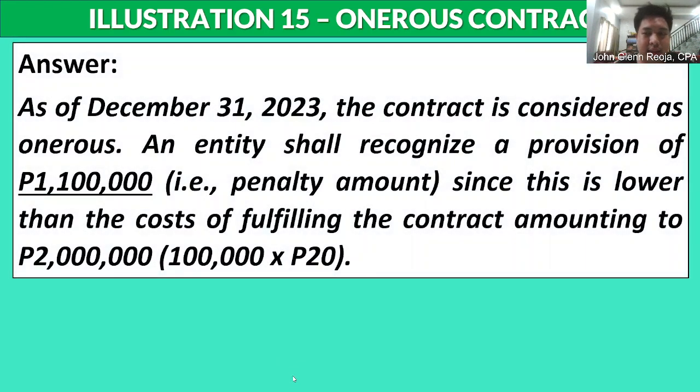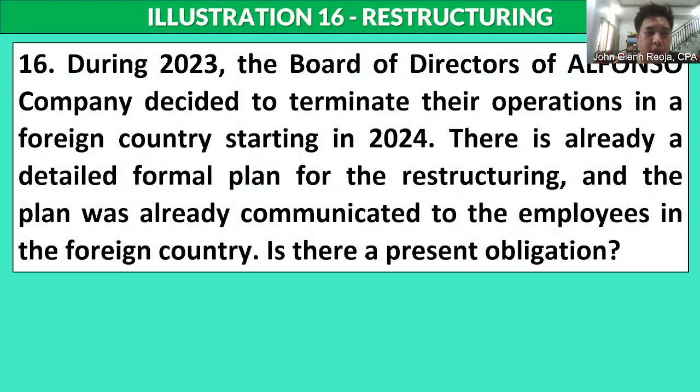Next, how about the case of restructuring? During 2023, the board of directors of Alfonso Company decided to terminate their operations in a foreign country starting in 2024. There is already a detailed formal plan for restructuring and the plan was already communicated to the employees in the foreign country. So, is there a present obligation?